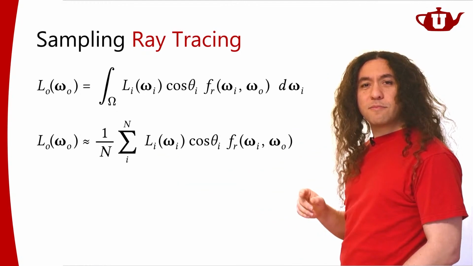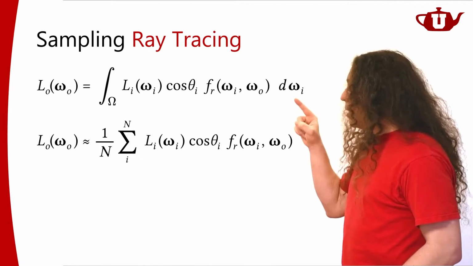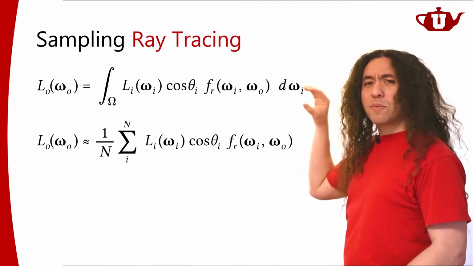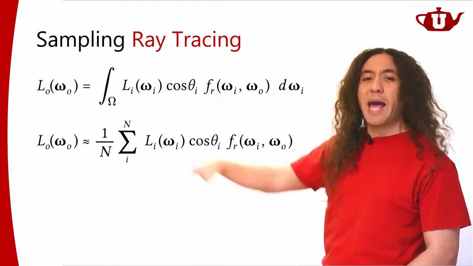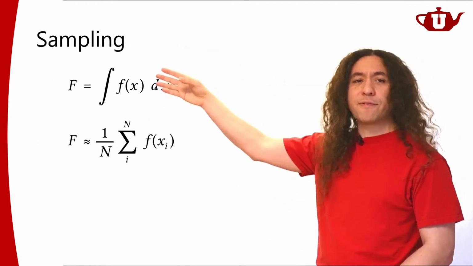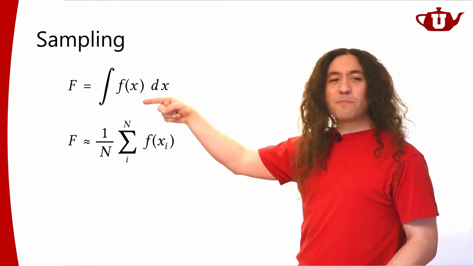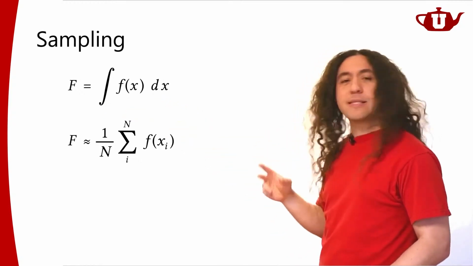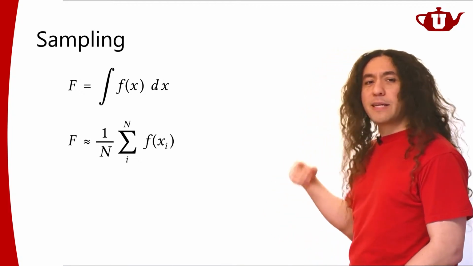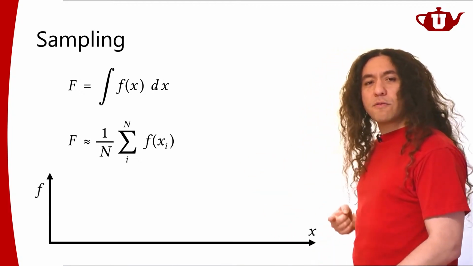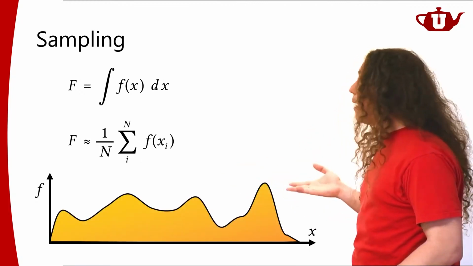Now, if it's not obvious to you how this works, let me show you. This looks like a complicated equation, but it doesn't matter. Let's represent it as something simple. Let's say this whole thing is f, and I would like to approximate the integral of this f within some domain using a finite number of samples. So f, let's say, is a function over x, and let's say this is what f looks like.